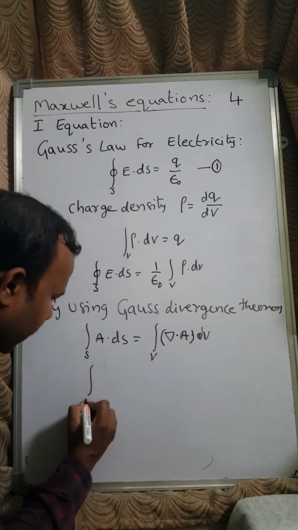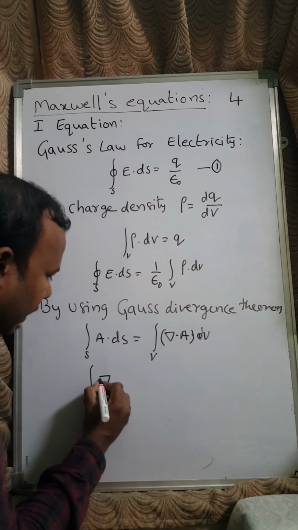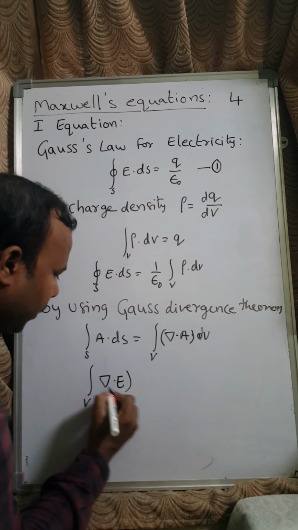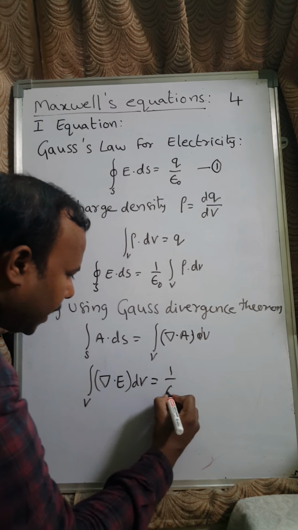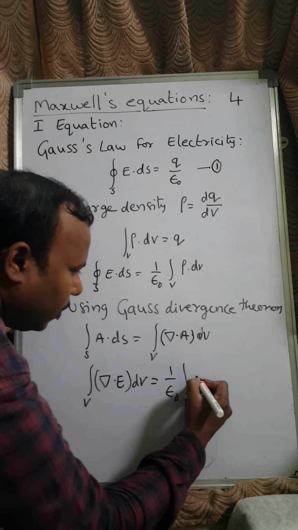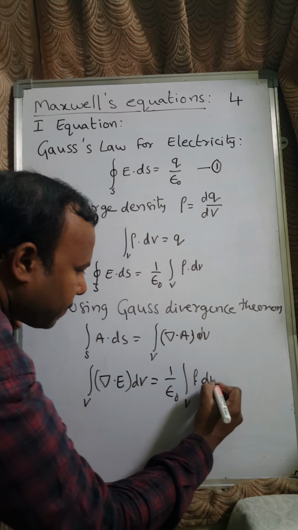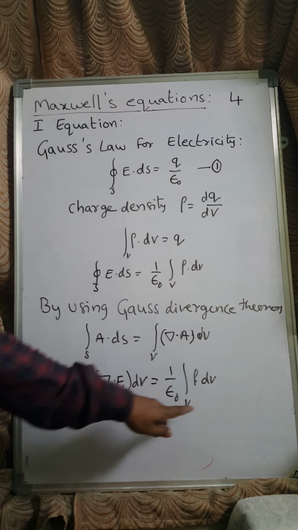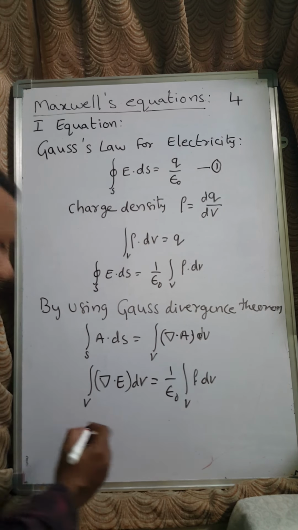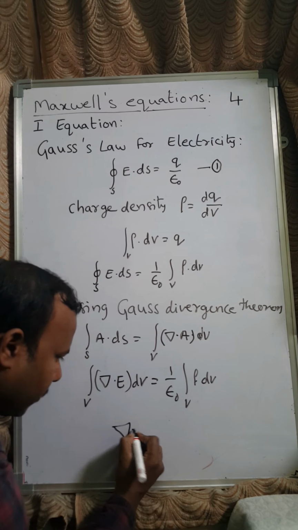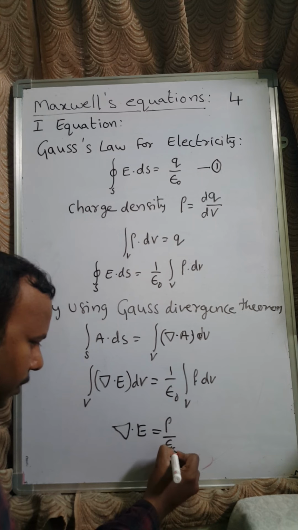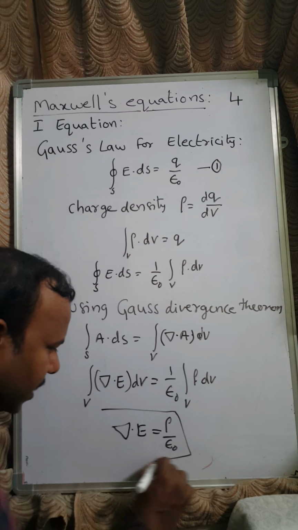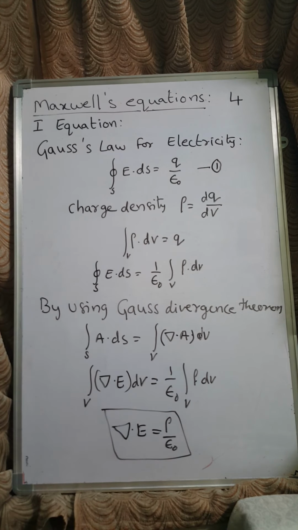Then the equation becomes volume integral of del dot E into dV equals 1 by epsilon naught times volume integral of rho into dV. By comparing LHS and RHS, I have del dot E equals rho by epsilon naught. This is Maxwell's first equation.